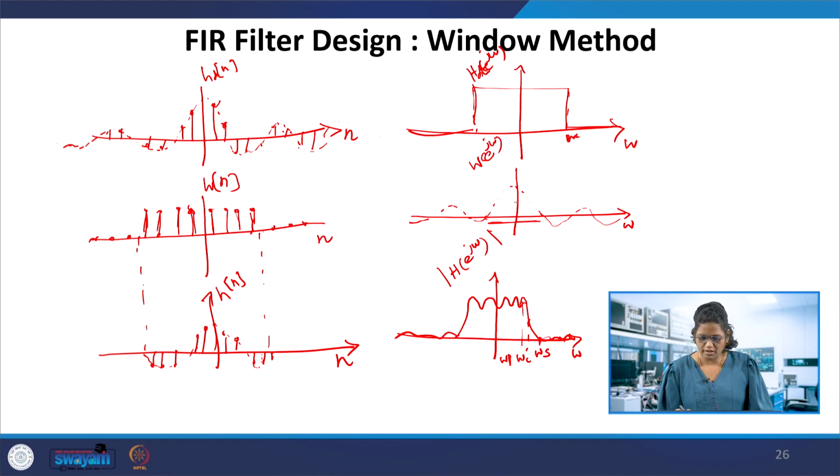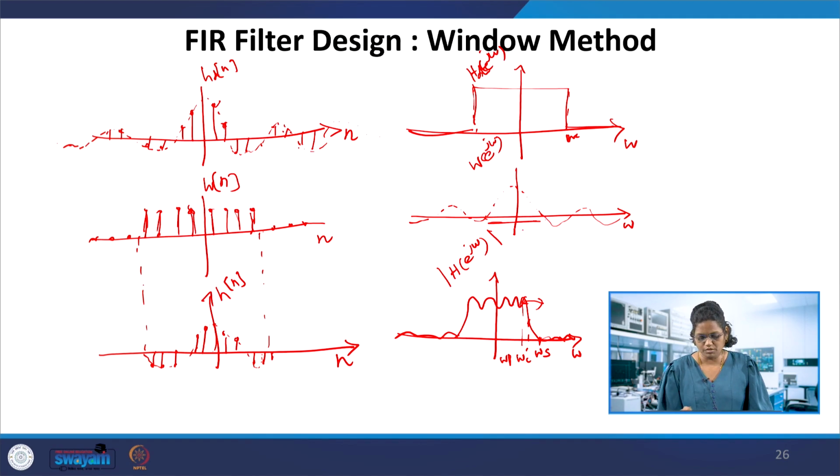So main lobe and side lobe widths can be adjusted. We have to keep the ripples less here, and the transition band, which is the important one, depends on the main lobe width. We'll see in the next class how the main lobe width and the transition band of the filter are proportional.